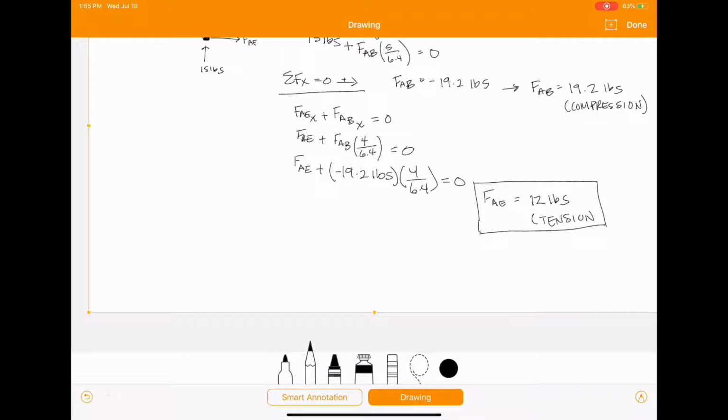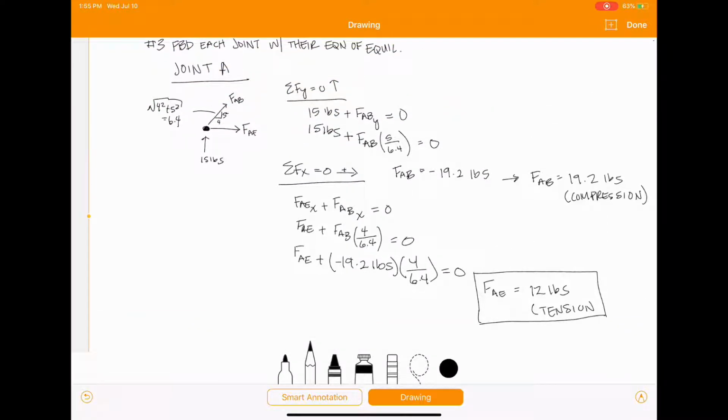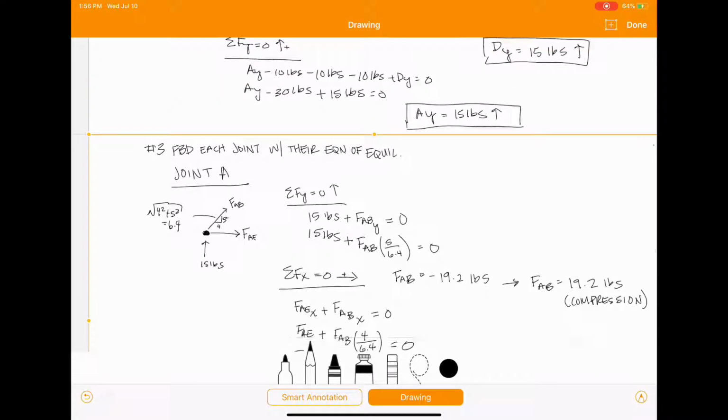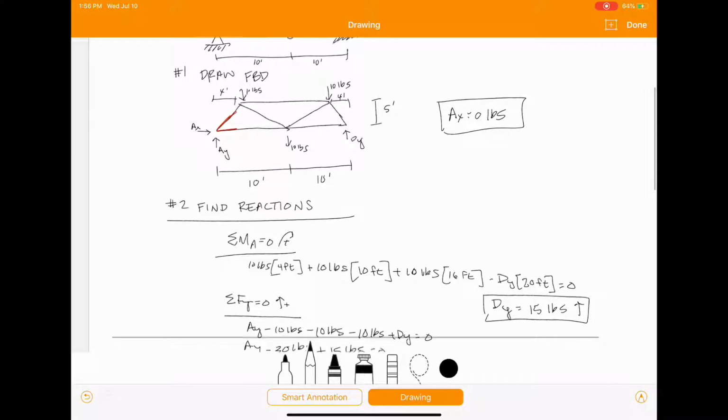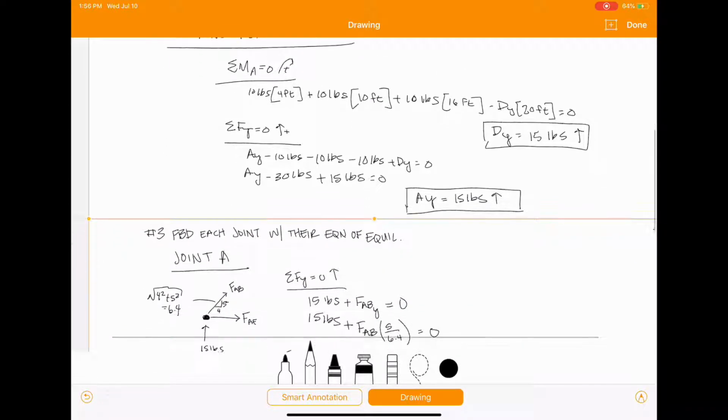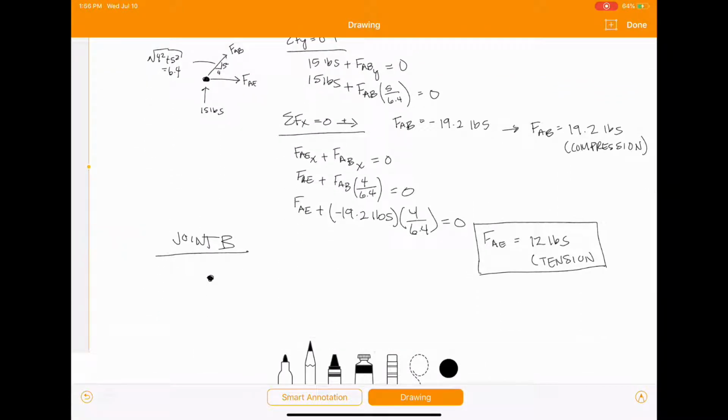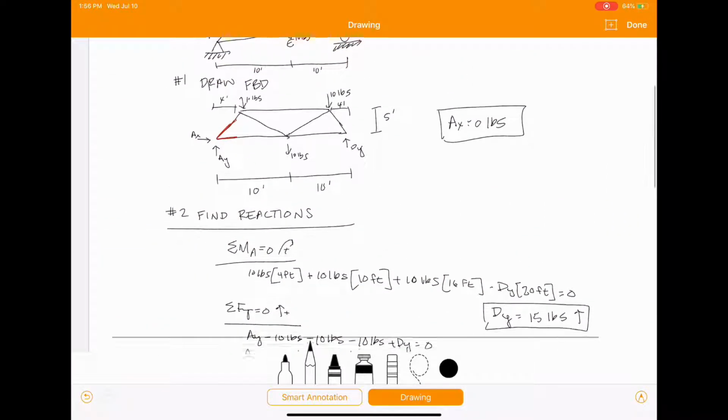So, now that we've done that joint, we can move on to joint B. And again, you can come up and look at your free body diagram. You're going to draw those as tension forces, so away from the joint.